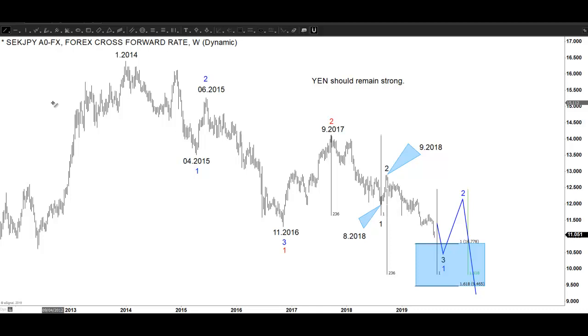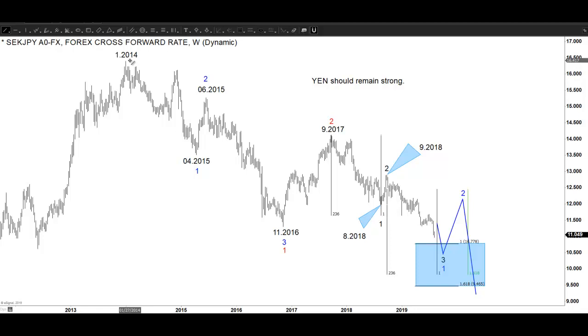Many traders are still looking for fundamental stuff, or still trading and looking for the old Elliott Wave way in which you have 1, 2, 3, 4, 5, ABC. When correcting, which is the case in the SEKJPY over here, the market moves in a sequence of 3, 7, or 11.